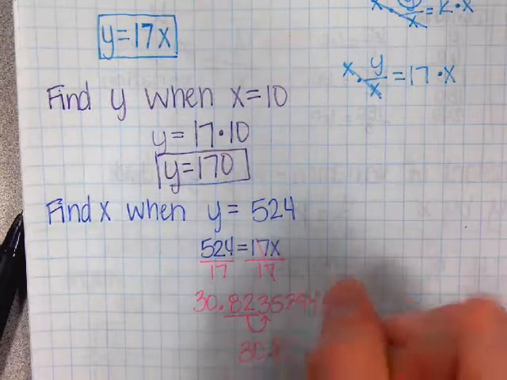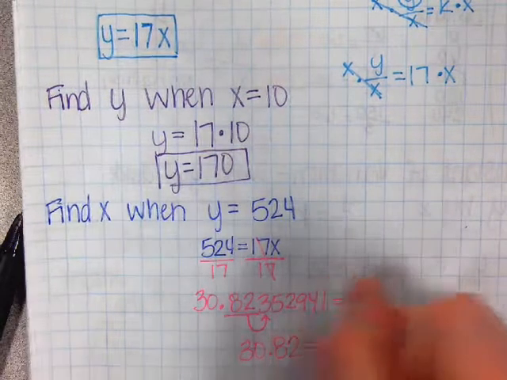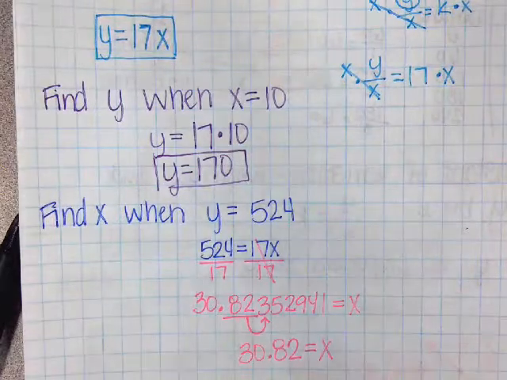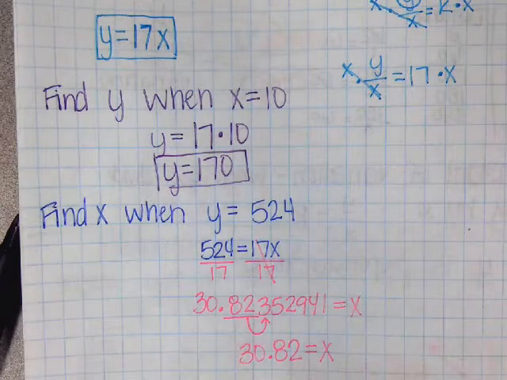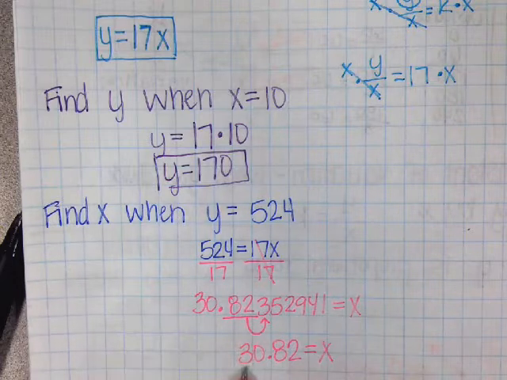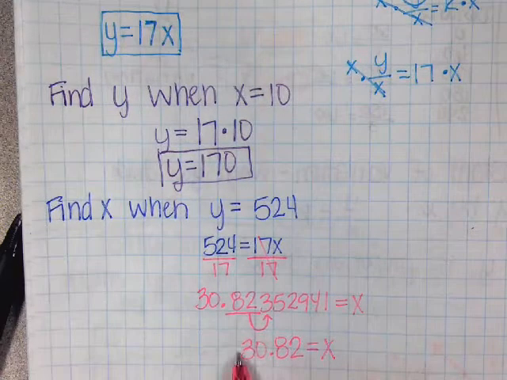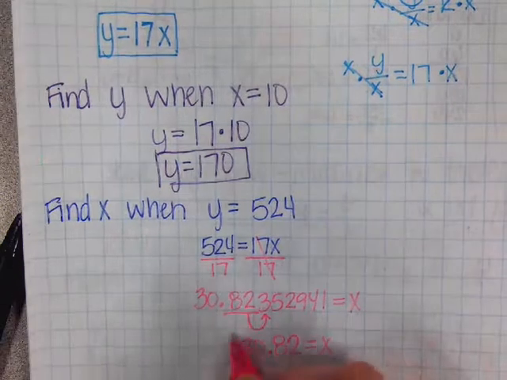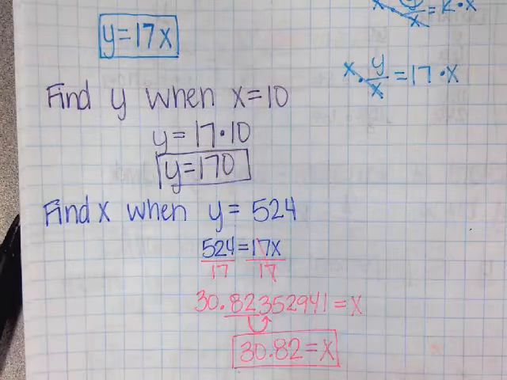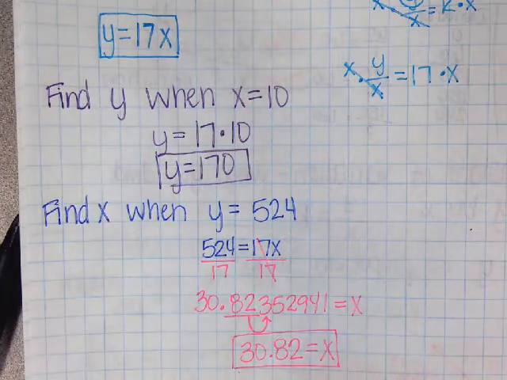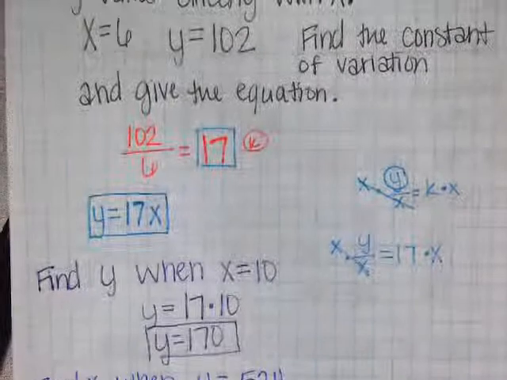The 3 makes the 2 stay the same. So it would be 30.82 equals x. And remember, whenever we looked at the table, it was between 30 and 31. So this is between 30 and 31, so that's what I want.